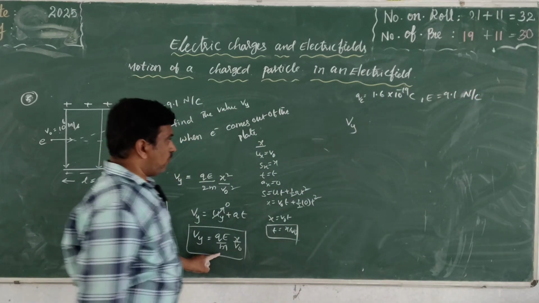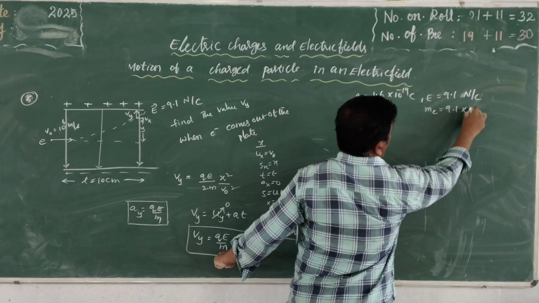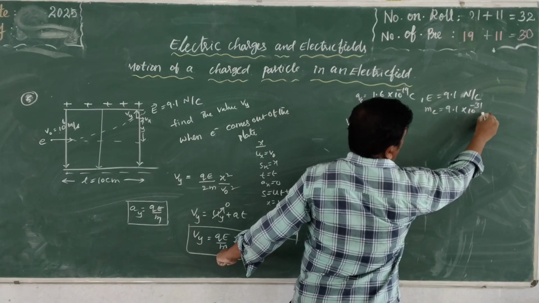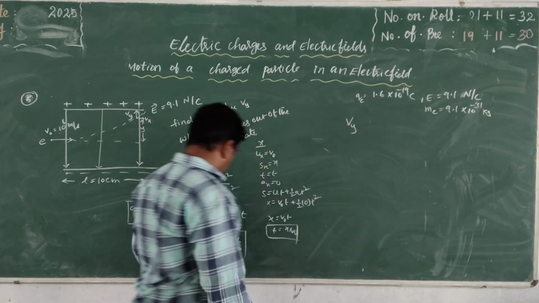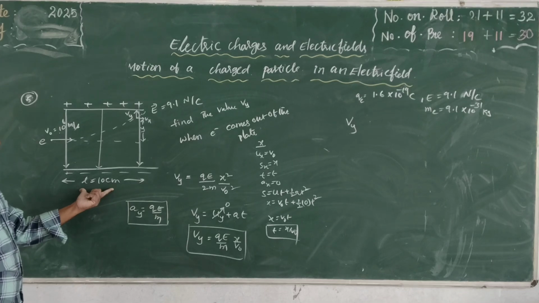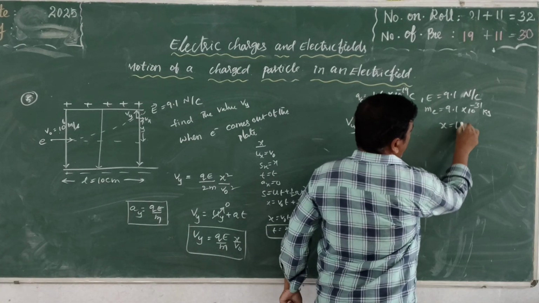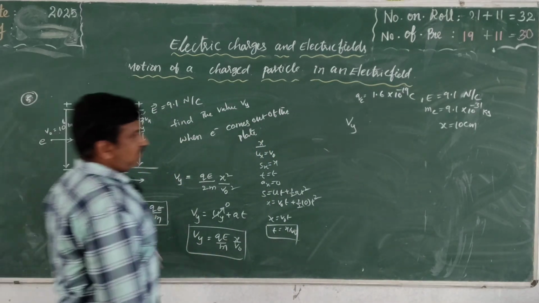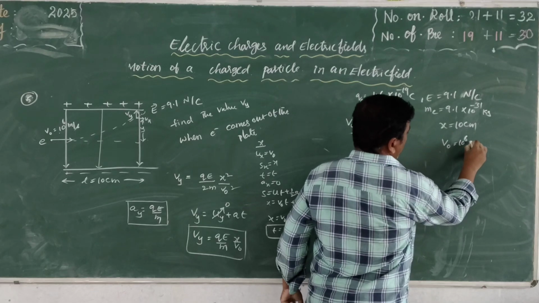Next, the m value: the mass of the electron is 9.1 into 10 power minus 31 kilograms. The x value is the length of the plates, 10 centimeter. The v naught value, the initial velocity, is 10 power 6 meter per second.